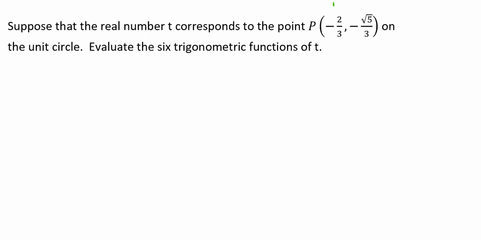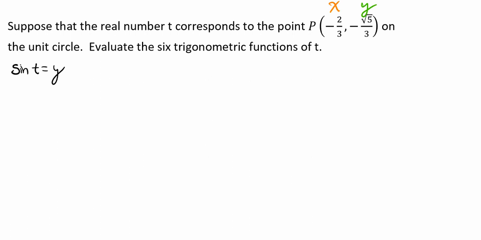So here we have x and y. Because we're dealing with the unit circle, which has an r value of 1, remember that we are able to say that the sine of t equals y.